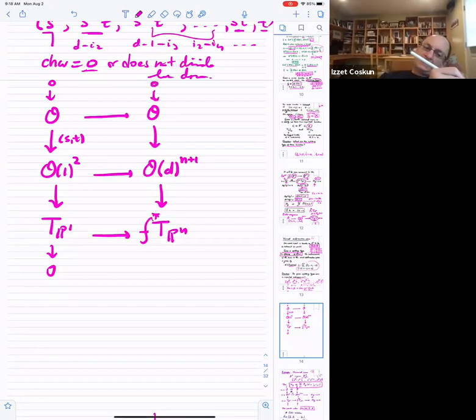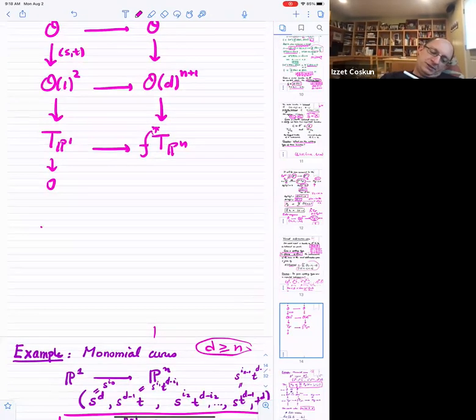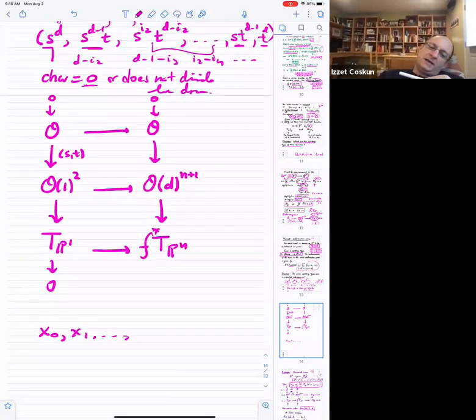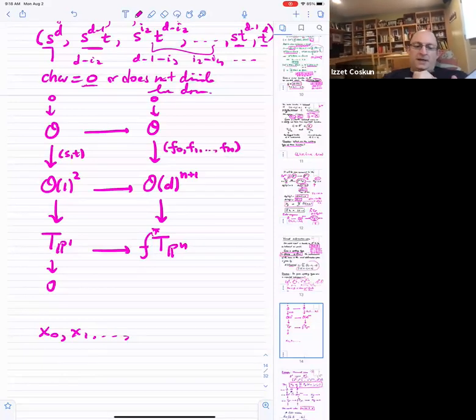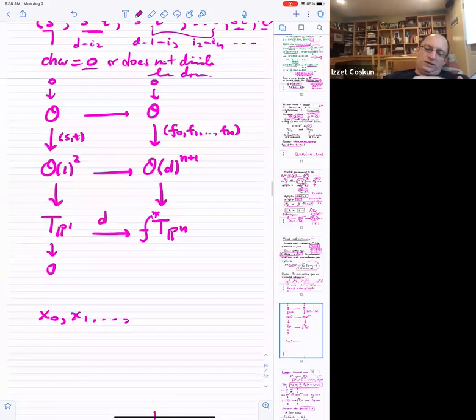All right, so now how is this given? The Euler sequence for the tangent bundle of Pn is given by x0, x1, and so on. If you pull it back, that means that you plug in your f0, f1, ..., fn. And then the map is given by the derivative. This is the differential, right? So what do you need to do?